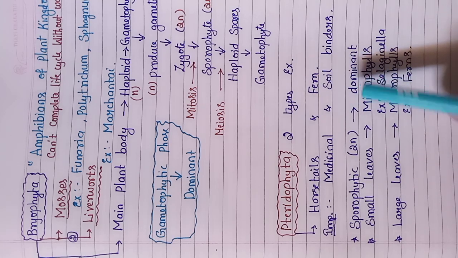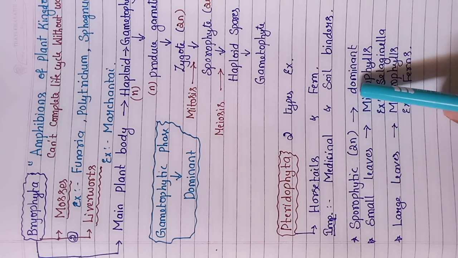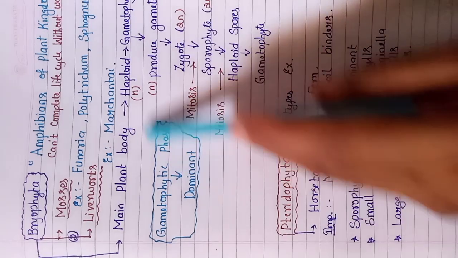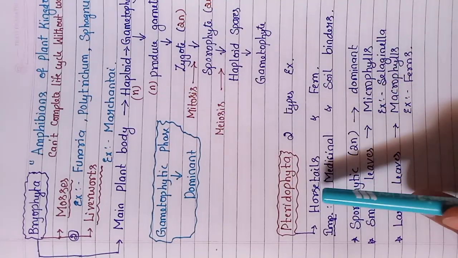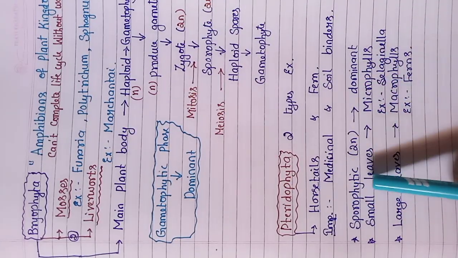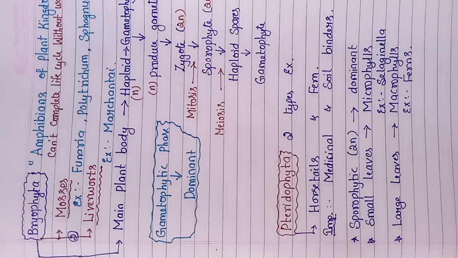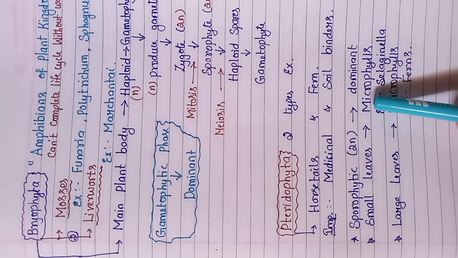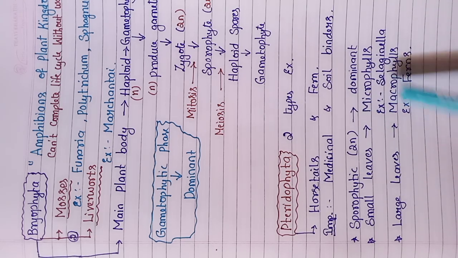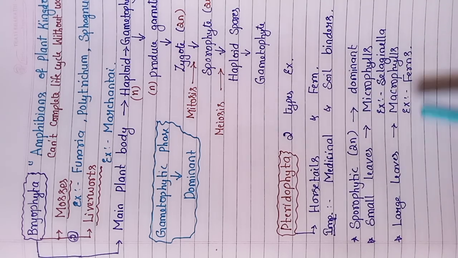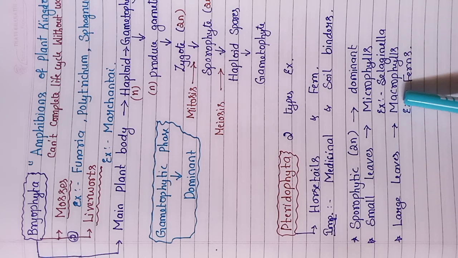Remember, in pteridophytes the dominant phase is the diploid sporophytic phase. Small-leaf plants are called microphylls, example Selaginella, and large-leaf pteridophytes are called macrophylls, example fern.